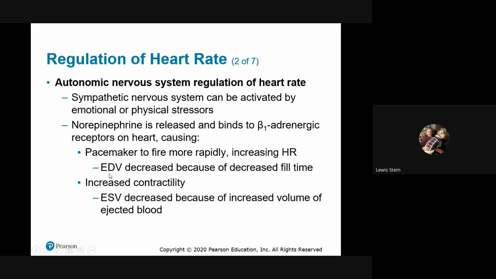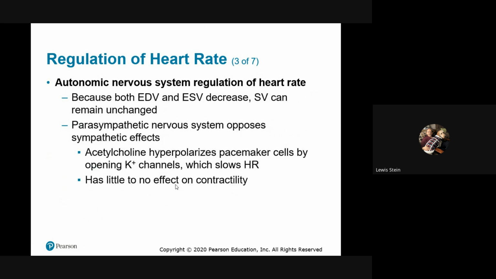End diastolic volume decreased because of decreased filling time. Increased contractility. Okay. And systolic volume is decreased. So obviously you have a limited capability of doing it before significant problems arise. And indeed, that system is only activated for brief periods of time. Okay. So because both EDV and ESV decrease, stroke volume can remain unchanged, at least temporarily.